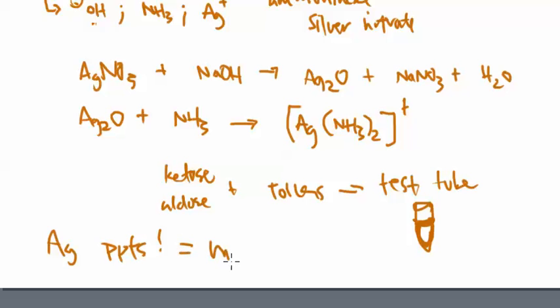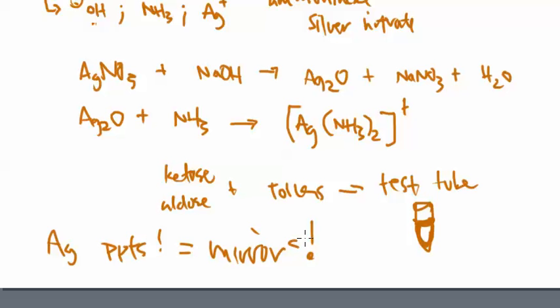And we actually make homemade mirrors by using the Tollens reagent. So a couple of drops of carbohydrate, a couple of drops of the Tollens reagent, shake it up in the test tube. The reaction takes a couple of seconds at least, and then the more you shake it, eventually that silver is going to precipitate out.